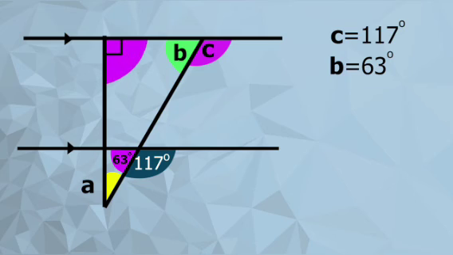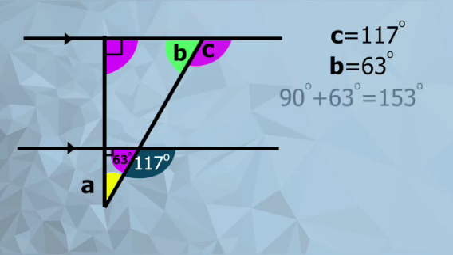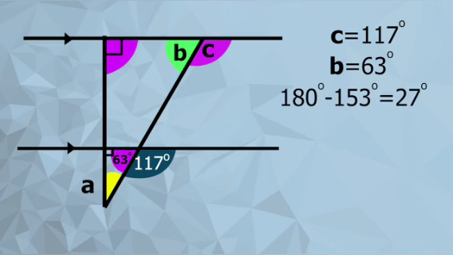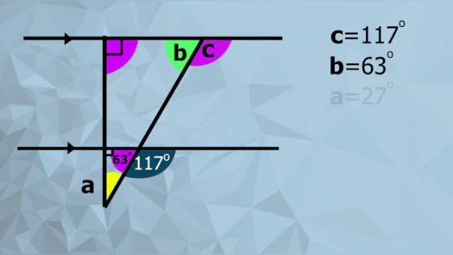Now the other angle of the triangle is a right angle, which is 90 degrees. To get angle A, you have to add 90 plus 63, which is 153. And then subtract it from 180 degrees, which is 27 degrees. Therefore, A is 27 degrees.